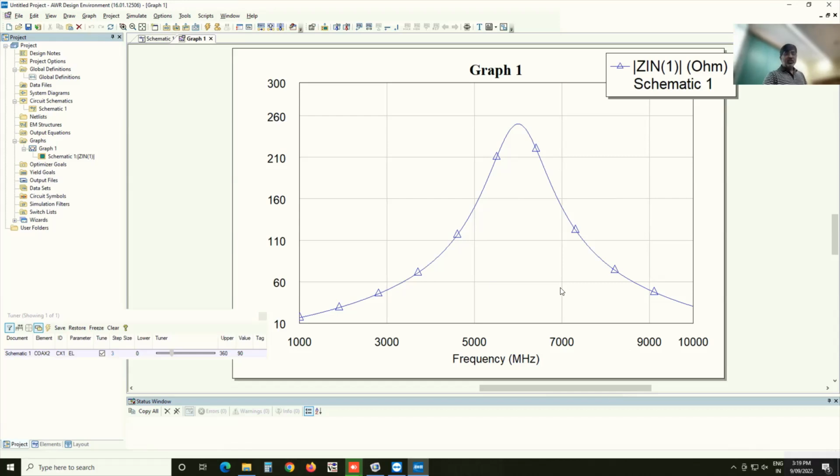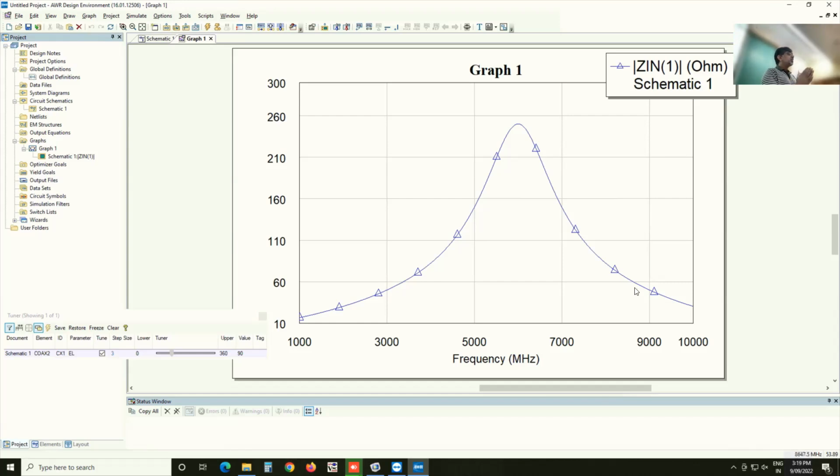So this variation can also be reinterpreted as a variation of the length of the transmission line. Why is that? Because for a fixed physical length, different frequencies will correspond to different electrical lengths. Because remember, electrical length, I said one wavelength is 360 degrees. But how much is one wavelength depends on the frequency at which you are operating.